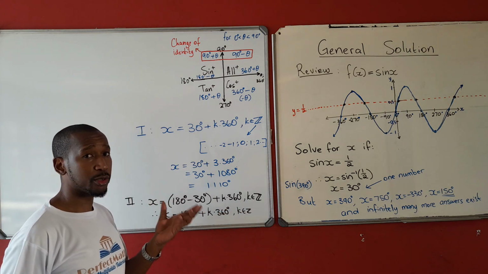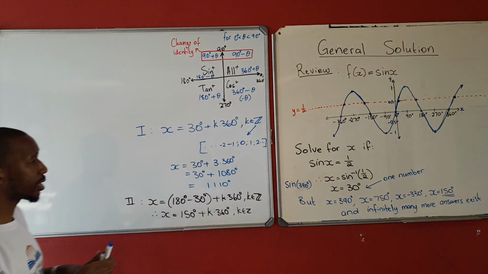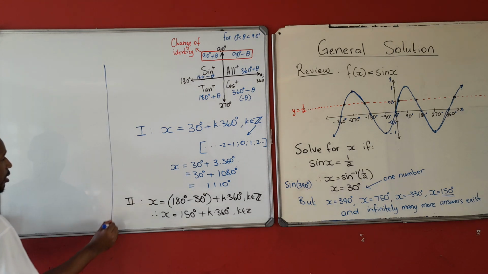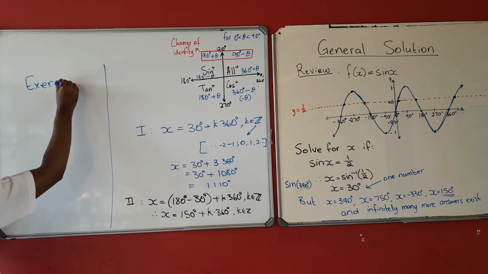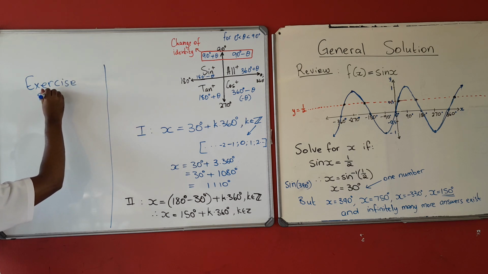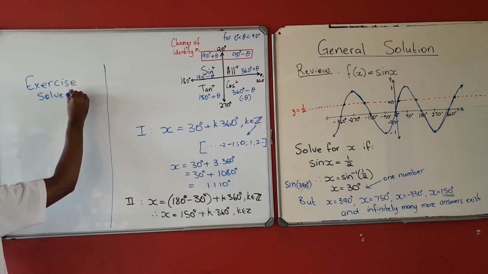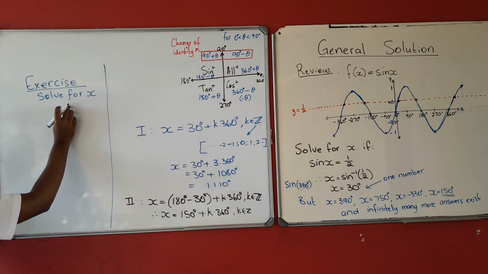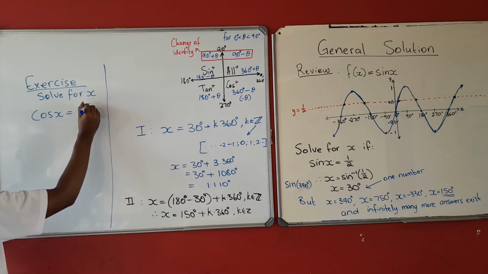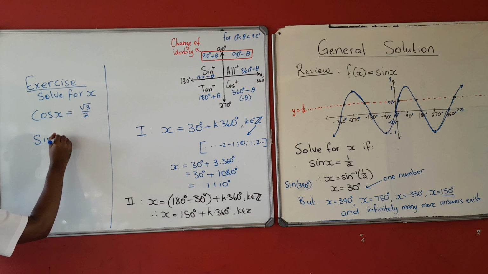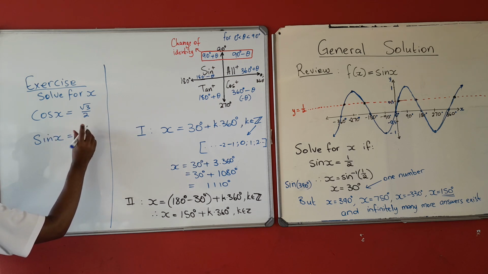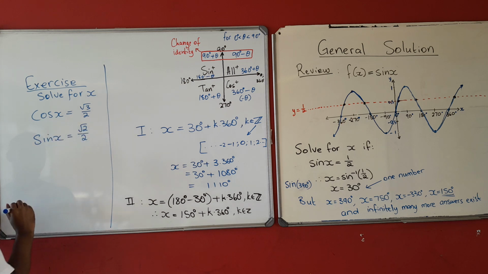We will go on and you can do some exercises. One of the exercises I recommend after here is that you can do the exercise of solving for x. So we will be solving for x for cos x equals root 3 over 2. Then you can also do sine x equals 1 over root 2, or because of your calculator, let's do it as root 2 over 2.